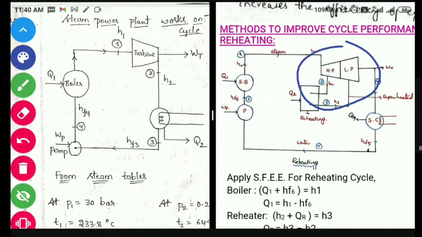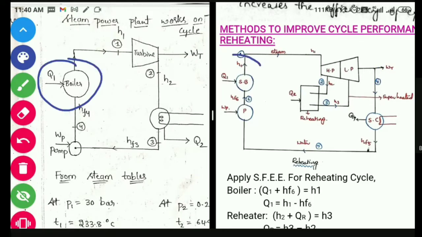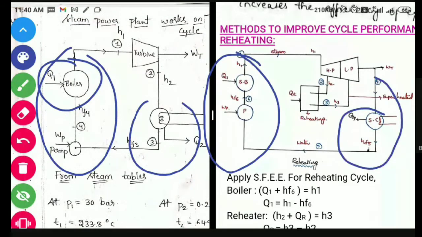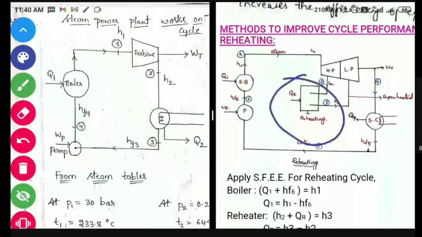The remaining layout is similar. The only modification is that we are adding an external reheater, with low pressure and high pressure turbines.